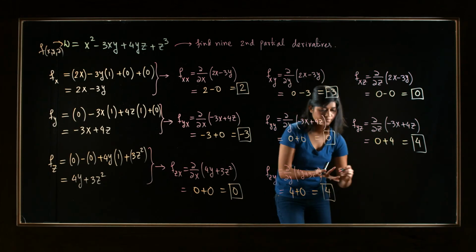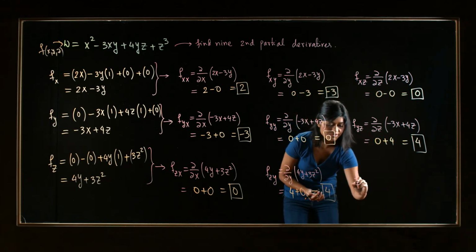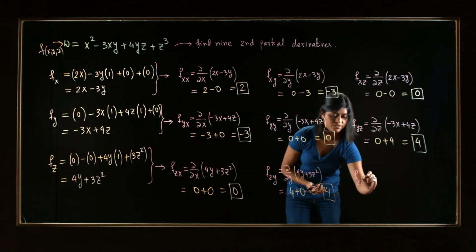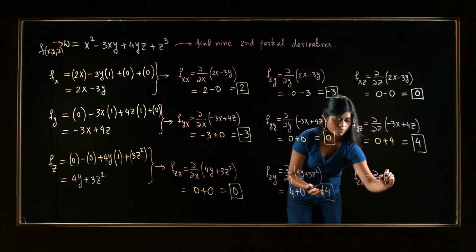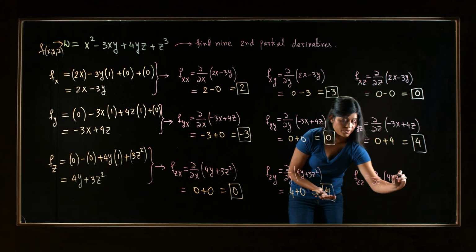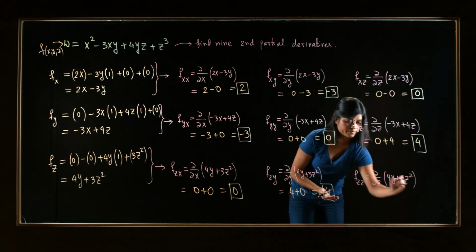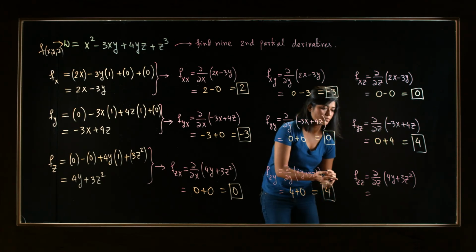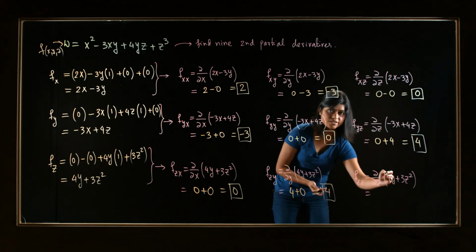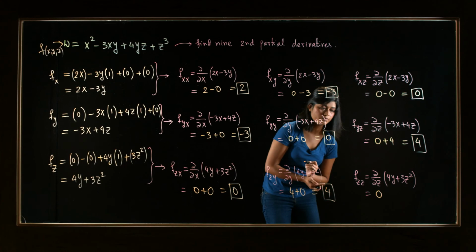And finally, we compute fzz, which is the partial with respect to z of 4y plus 3z square. Notice that the first term has no z, the entire thing is a constant, derivative is 0.